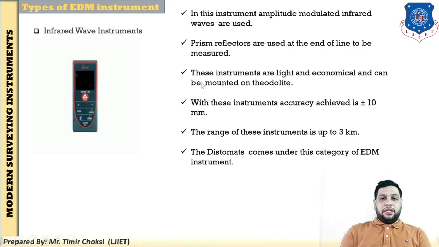The reason for using infrared wave instruments is that they are lightweight and economical, and they are used in a total station. With this instrument, accuracy achieved is plus minus 10 mm, and the range is up to 3 km.